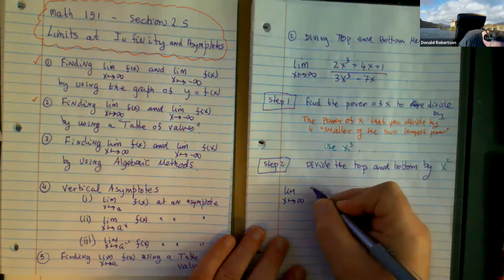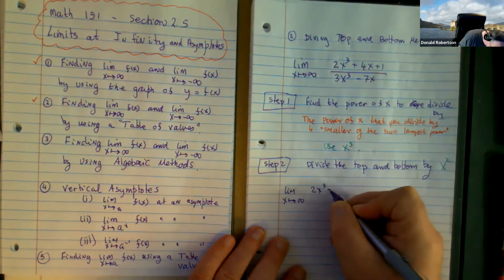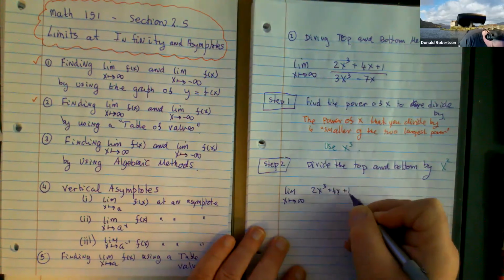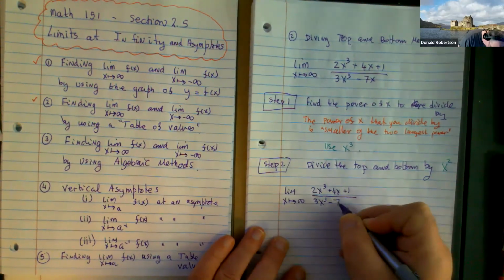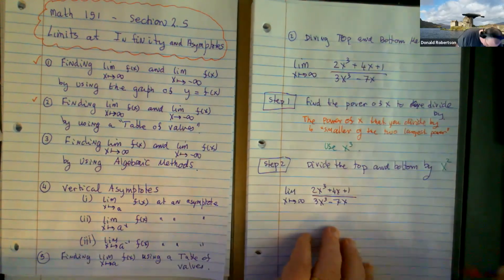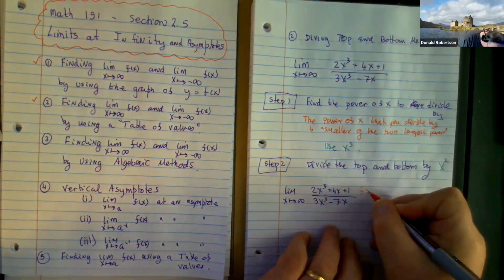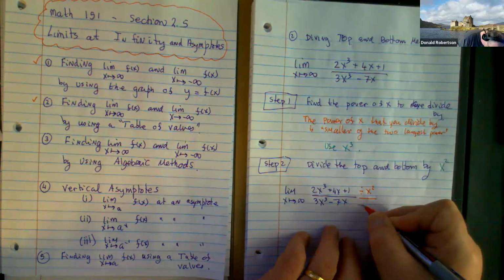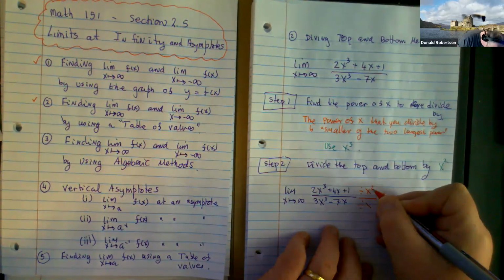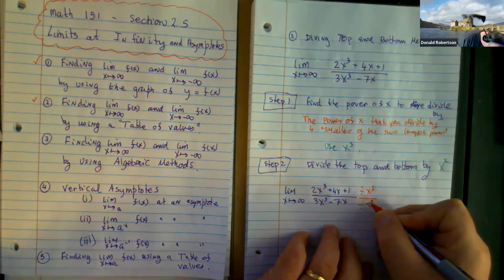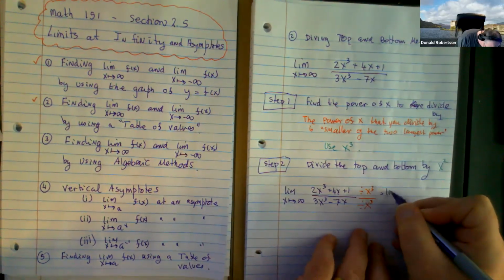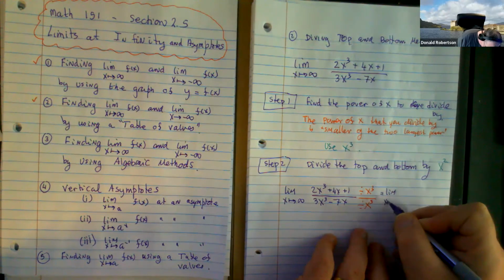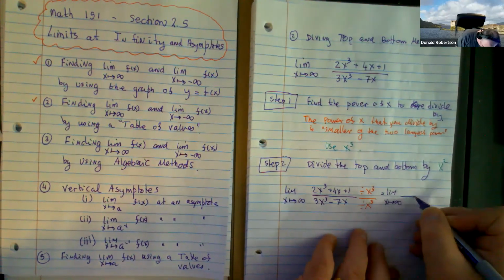Here is the original limit that we're trying to find the answer to. And you divide the top and bottom by x cubed. Let's see what the fraction turns into when you do that.